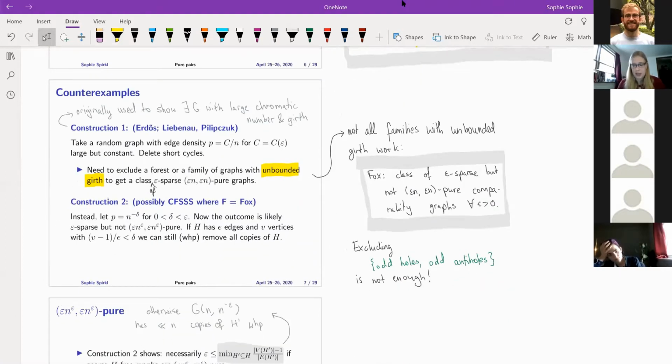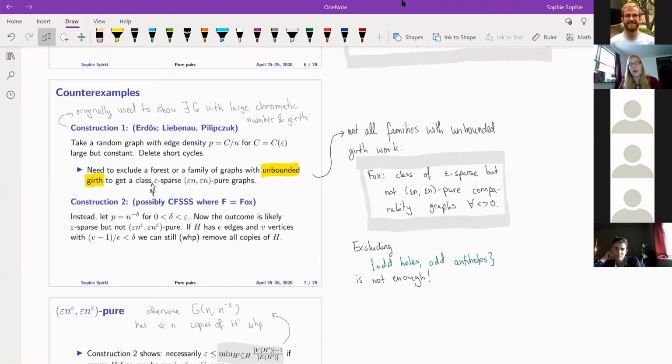And so before we continue, I want to show you the construction, the reason why we can't do better, and the counterexample that tells us what we do need to exclude in order to make things work.